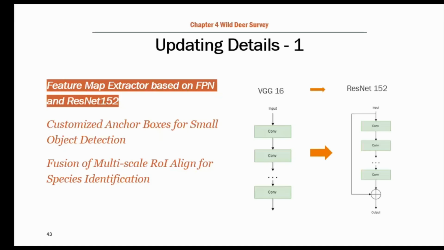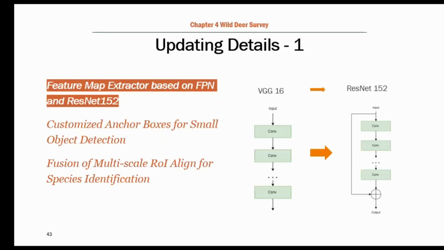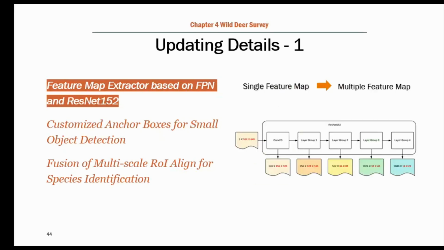ResNets 152 has many more convolution neural layers, so it can offer a more powerful capability to extract useful feature information from input images, making them more effective for small object detection. At the same time, ResNets 152 can be used to generate 5 feature maps.